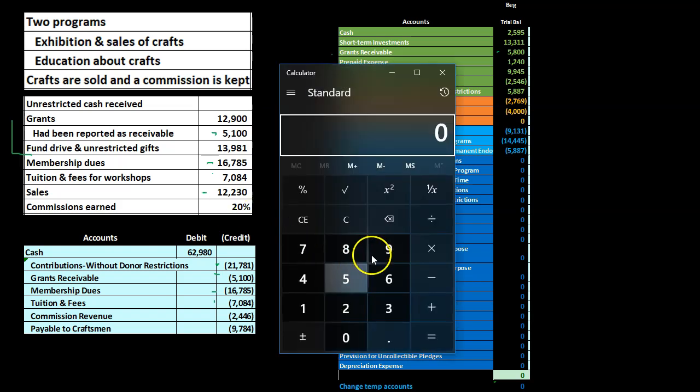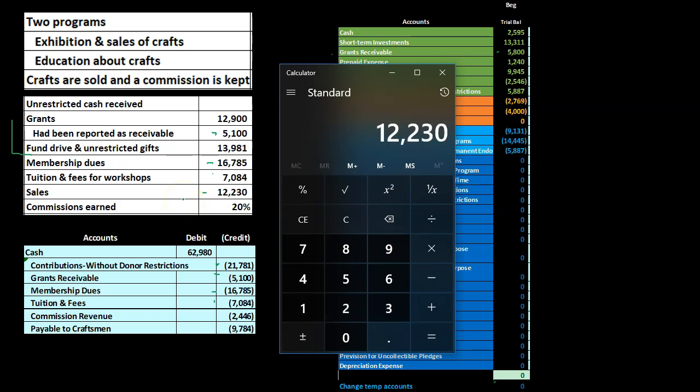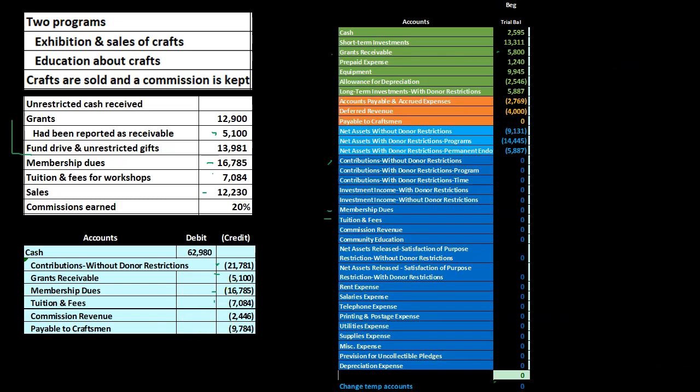So we're going to say we made sales of 12,230. However, of that, the only part that's actually revenue to us is 20%, 0.20. That's going to be this 2,446. That's the amount that's revenue to us of the sales we made for crafts that we don't actually own, which are kind of like donated or on consignment for us.